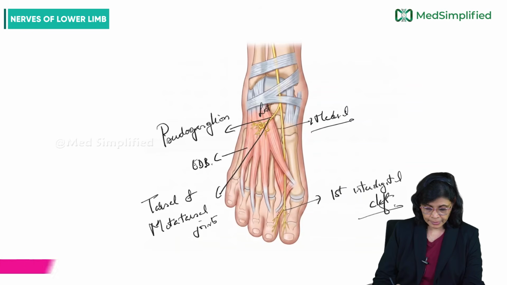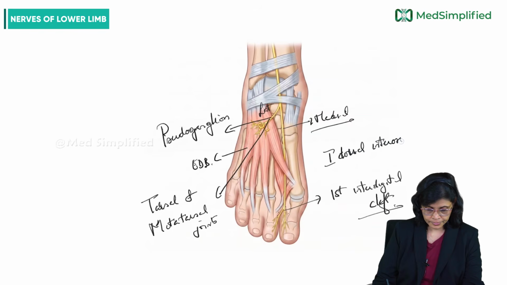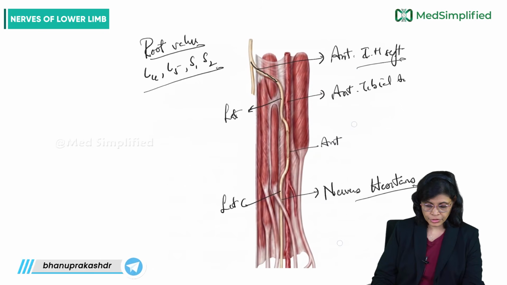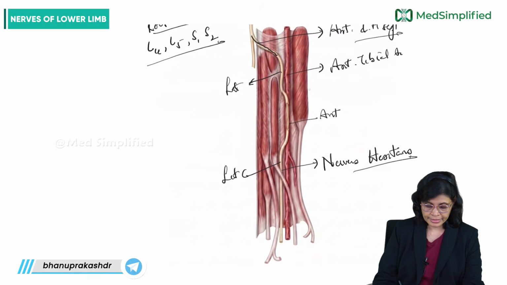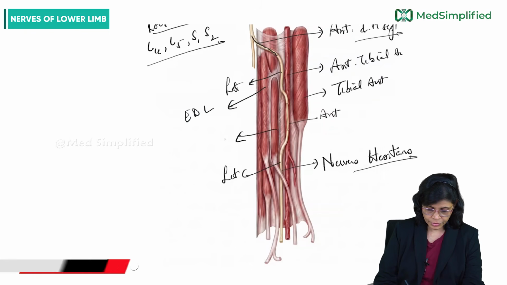And this medial branch, in addition to the first interdigital cleft, also gives a branch to the first dorsal interosseous muscle. So when we see the branches, the muscular branches, mainly it supplies all the four: the tibialis anterior, the extensor digitorum longus, extensor hallucis longus, as well as the peroneus tertius.